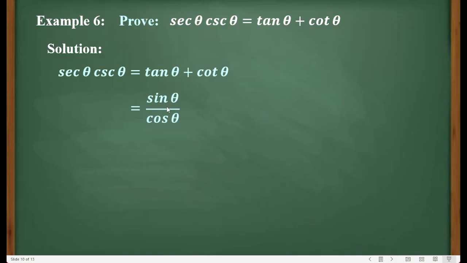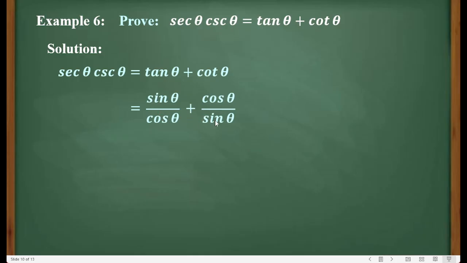Okay? So tangent theta is actually sine theta over cosine theta. So basically we apply the quotient identity. Plus, the quotient identity of cotangent theta, that is actually cosine theta over sine theta. Then, we have two fractions with different denominators.